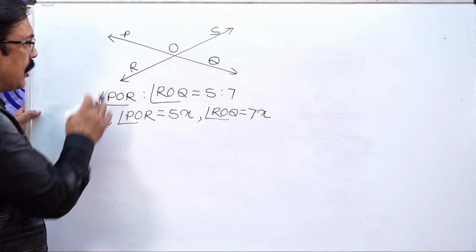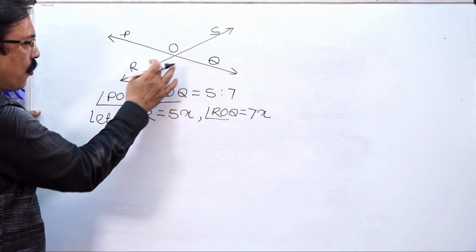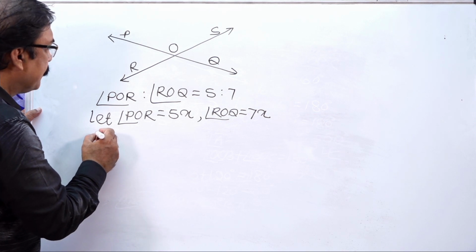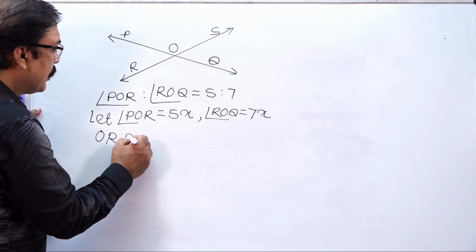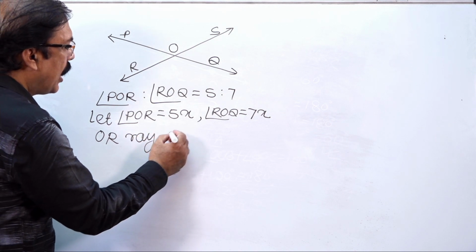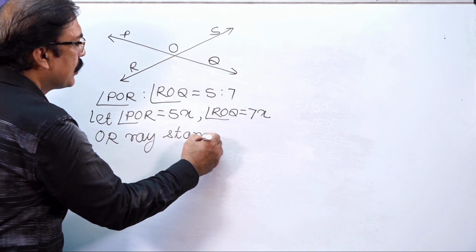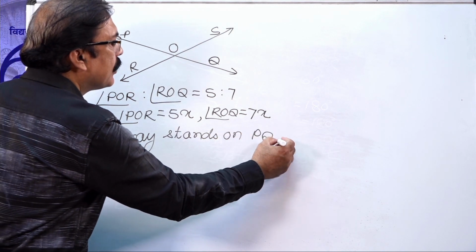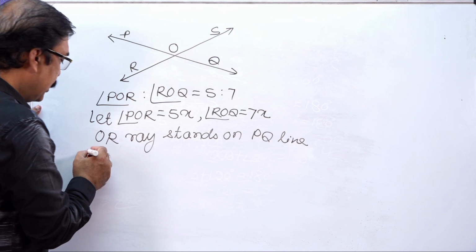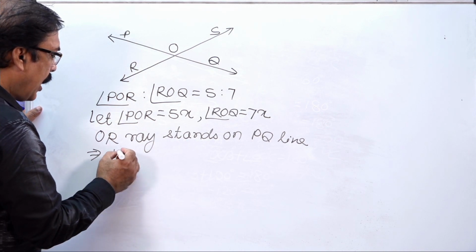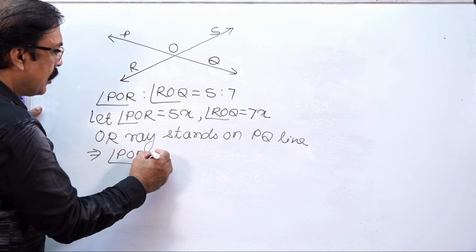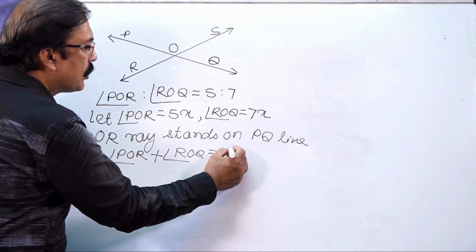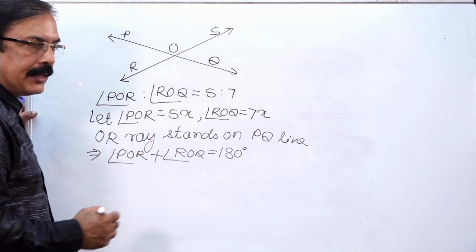Now you see PQ is a line and OR stands on it. We can write like that: OR ray stands on PQ line. This implies angle POR plus angle ROQ is equal to 180 degrees.